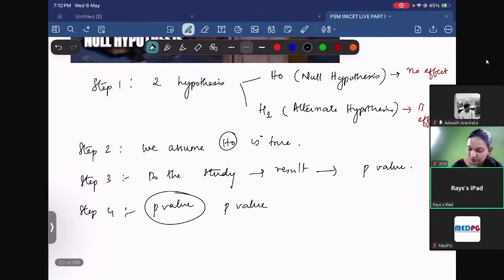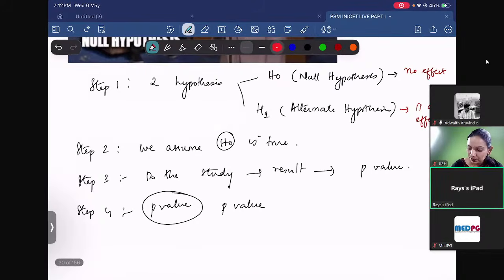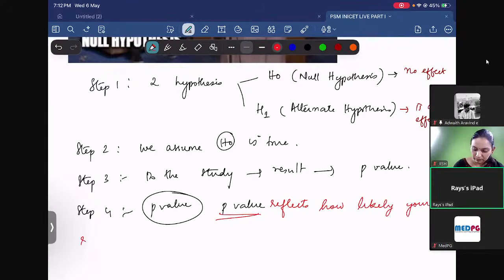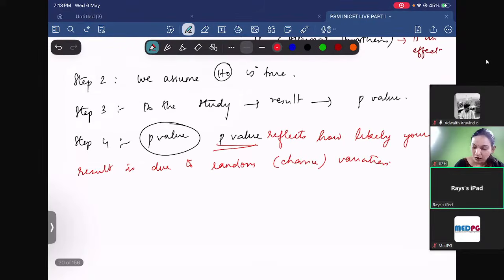So p-value reflects how likely your result is due to random error or due to chance. Or you can say that p-value is the P for probability.